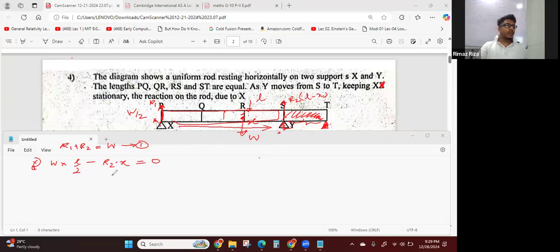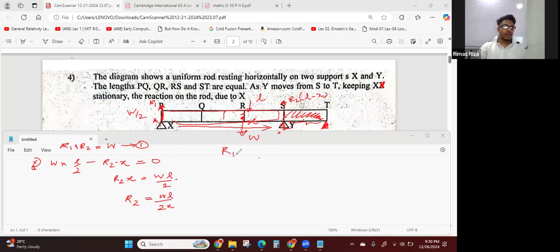So R2x equals WL over 2, and R2 equals WL over 2x.